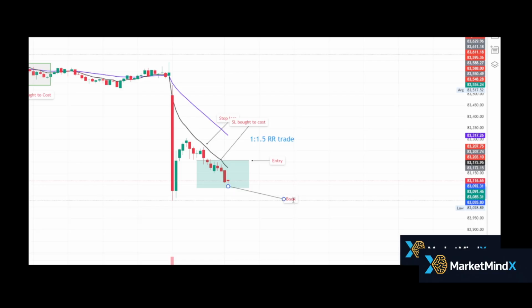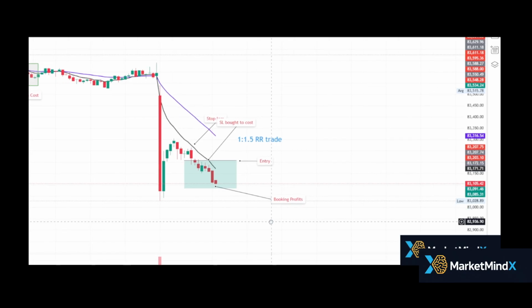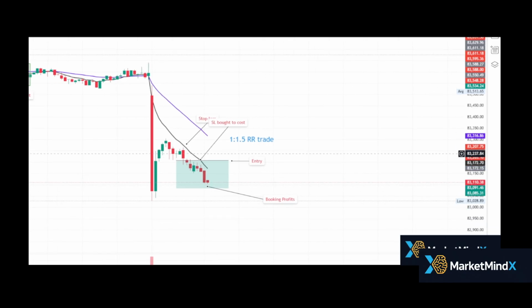Here I have mentioned booking profits at this particular price, and within a fraction of seconds it has completed our target. As usual we have closed this trade, and mentioned a thanks to everyone.